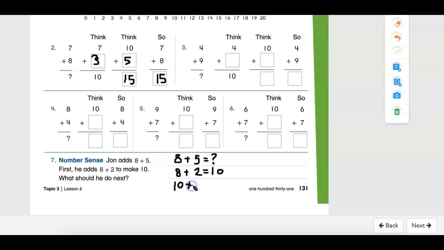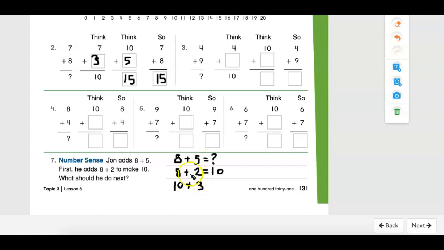So if I have already added by 2, I need to add how many more times to equal 5? So 2 plus what number equals 5? 2 plus 3 equals 5.